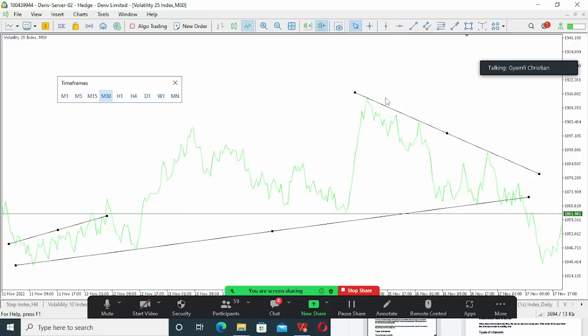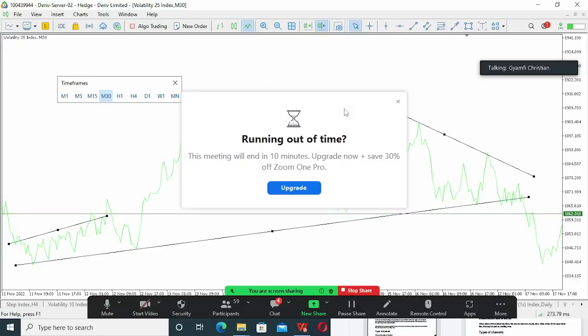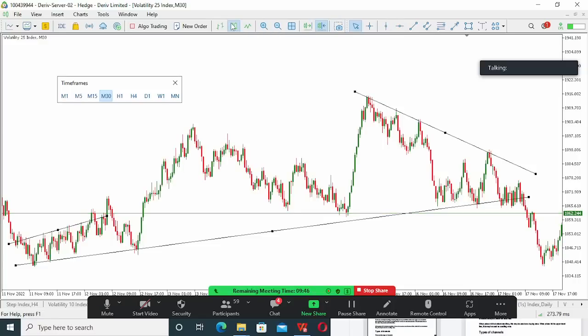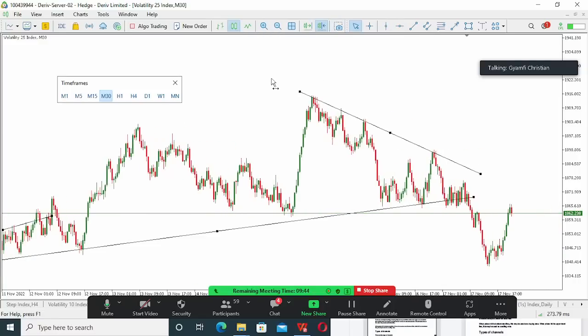So let me try using the line chart to see if it will be perfect. Okay, so we are getting the same thing over here.